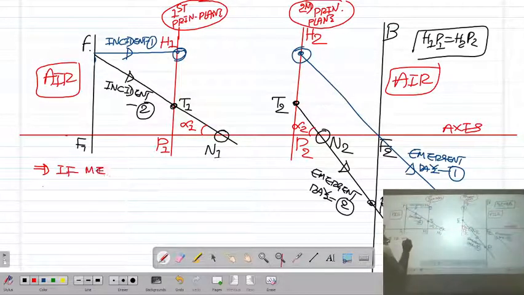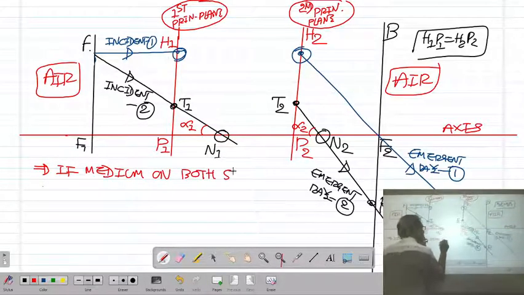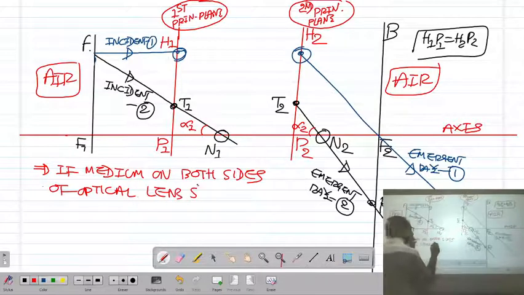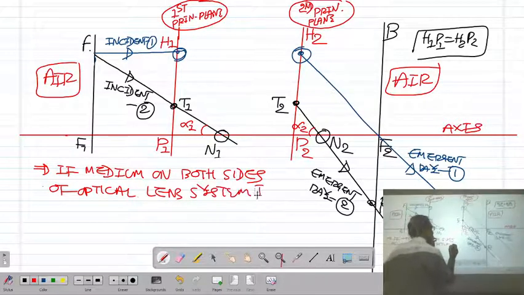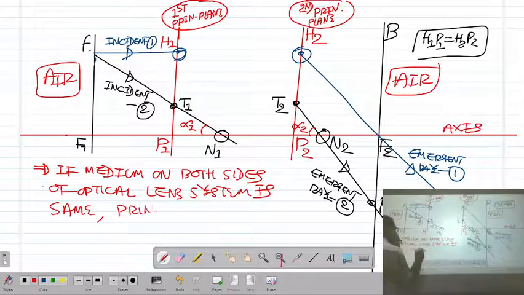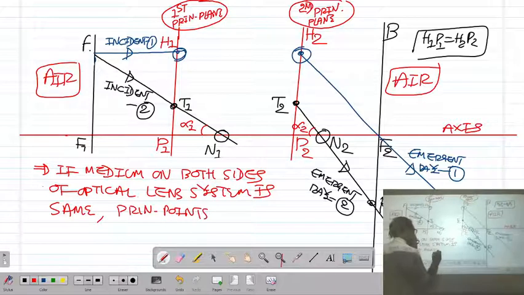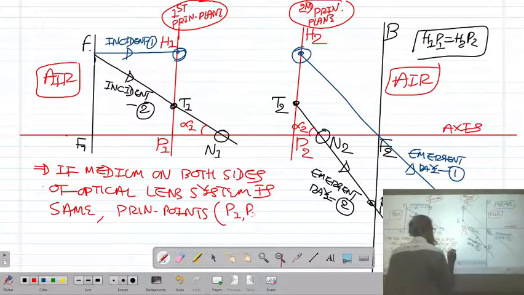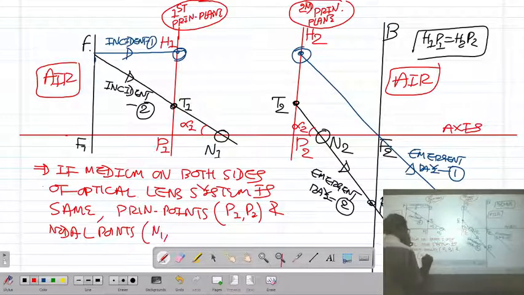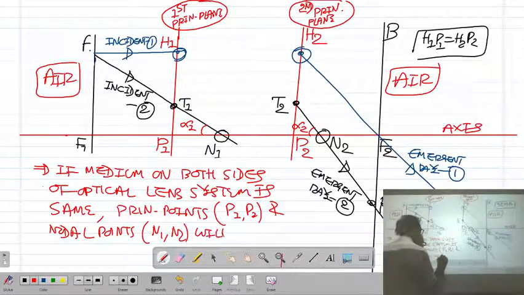With the medium on both sides of the optical lens system the same, then principal points and nodal points will coincide.